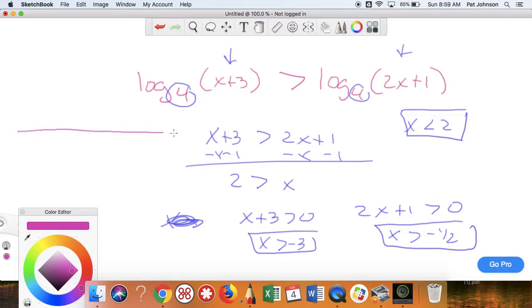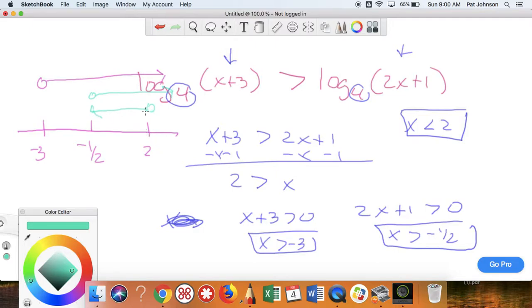Make sure you get the same thing if you're not sure. Now I'm going to draw a number line. I'm going to put these values. So I've got negative 3, negative 1/2, and 2. It says x is greater than negative 3. Let's do a different color. It says x is greater than negative 1/2, and x is less than 2.